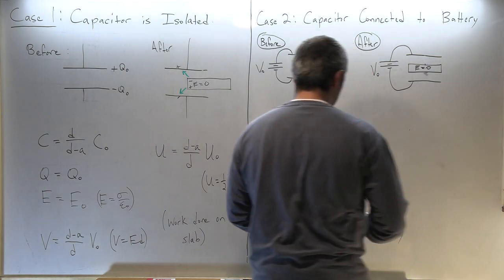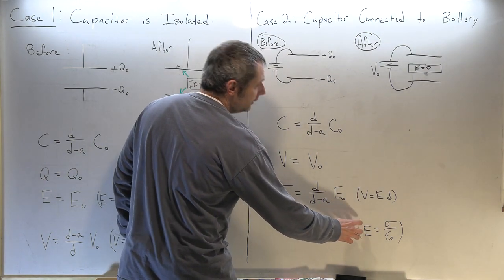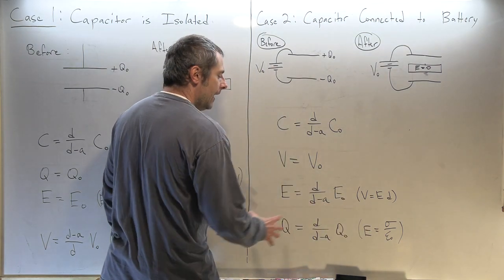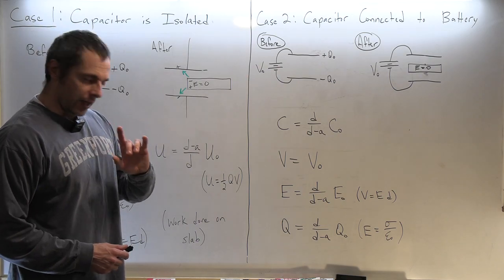And so with more electric field, as we already reasoned out here, we need more sigma, and therefore there's more charge on the plates. And the last thing, energy.